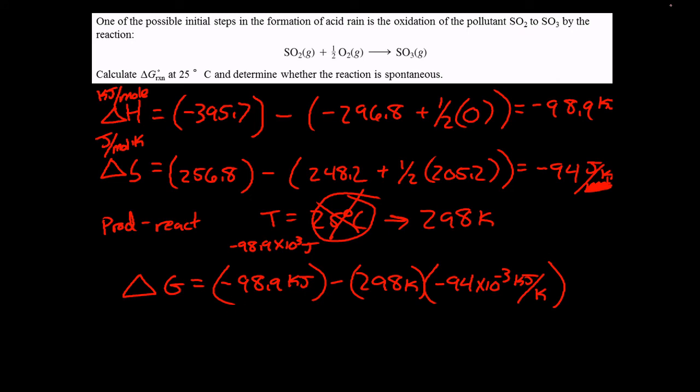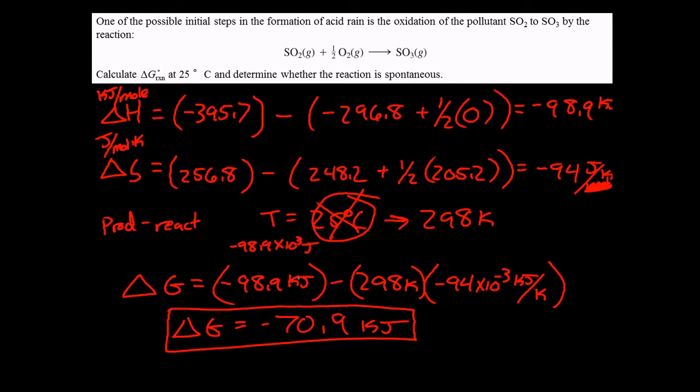So if I do that math, negative 98.9 minus 298 times negative 94 times 10 to the negative 3, that is going to give me delta G is equal to negative 70.9 kilojoules.